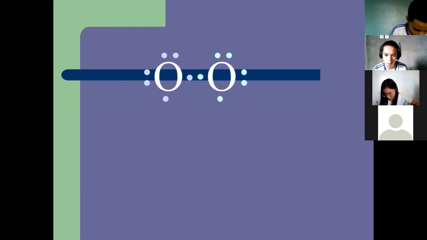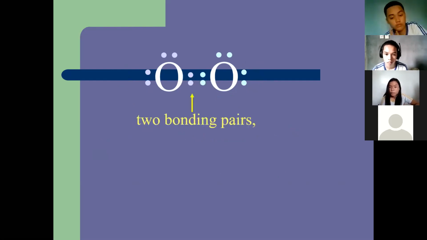So that we have one bond generated by the first lone pair, and then another bond for the next pair. So there you have the bonding between oxygen. To achieve the octet rule at 8 valence electrons, we have the sharing of atoms.